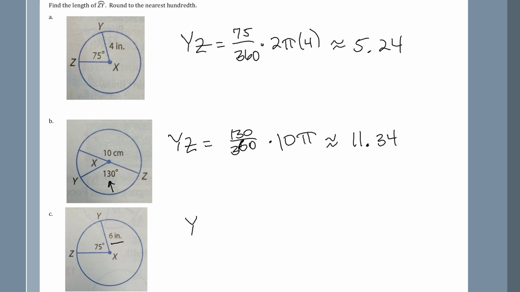So YZ is equal to 75 over 360 times 2 pi times 6. Done plugging that in. I got 7.85.